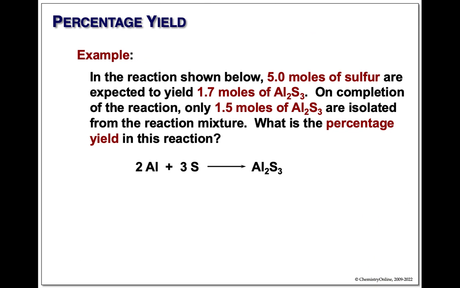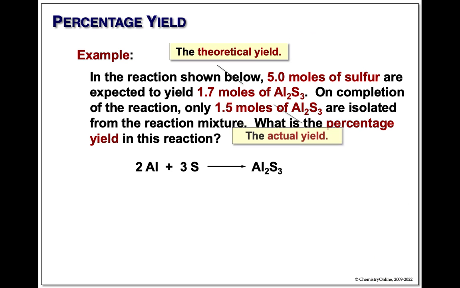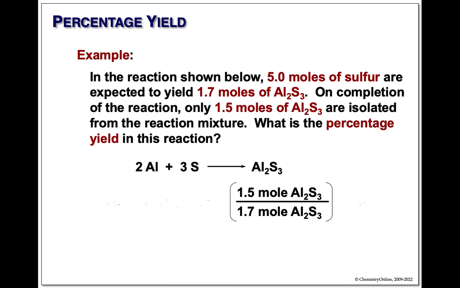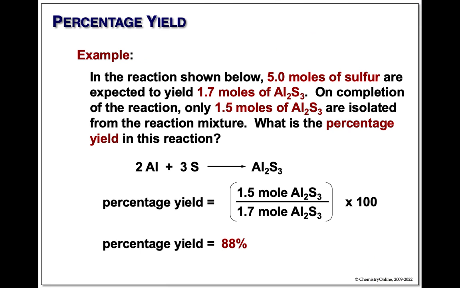We get a little pile of powder, and we weigh it out and determine it's 1.5 moles. What's the percent yield? You simply identify the theoretical and the actual. You take the ratio, multiply by 100. Again, this all cancels. Multiply by 100, 88%.